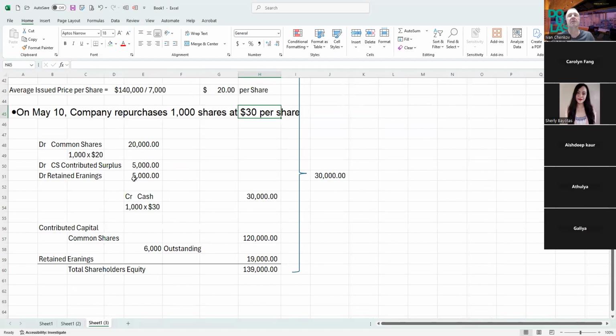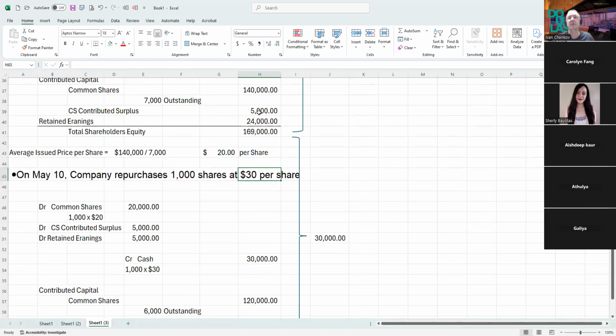So imagine in this case, there was no surplus here. No surplus. How much are we going to use from the retained earnings? Directly the entire amount. So don't jump directly to the retained earnings. When you're doing the questions, don't cover the deficit from the retained earnings right away.